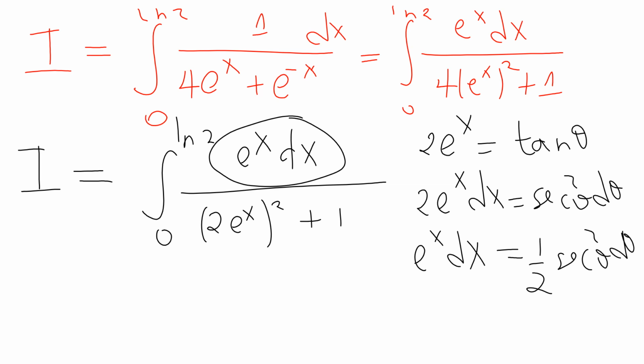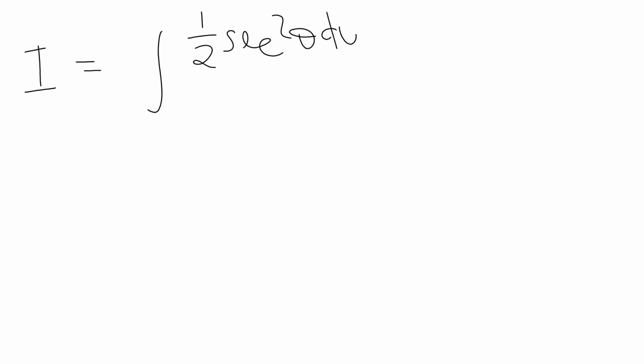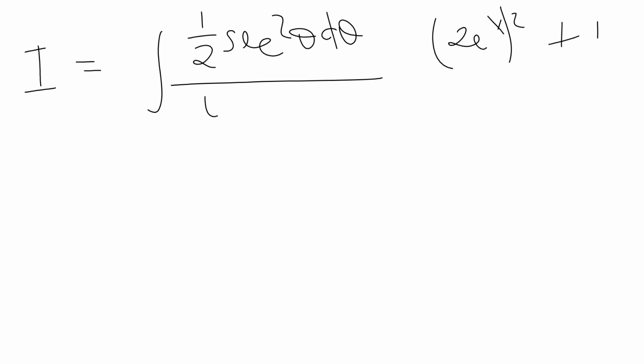Now if we change bounds, in fact we are not going to change bounds. Okay, so let's go to the next slide. So we are going to have that I equal to, let's just get the indefinite integral. So the numerator e to the x dx, we had it as half times sec squared theta d theta, divided by, now the denominator was 2e to the x all squared plus 1, but 2e to the x was tan theta.